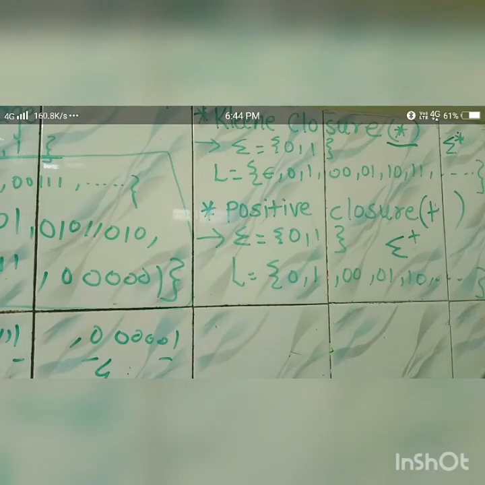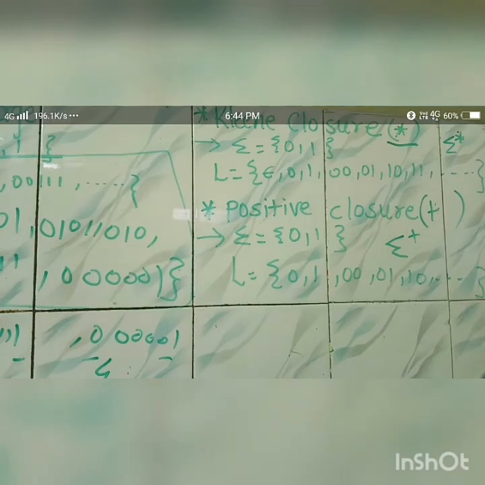And by taking reference of all these, we have to develop one language. Means language is nothing but the combination of strings. String is nothing but the combination of alphabets, and alphabets are nothing but combinations of symbols.